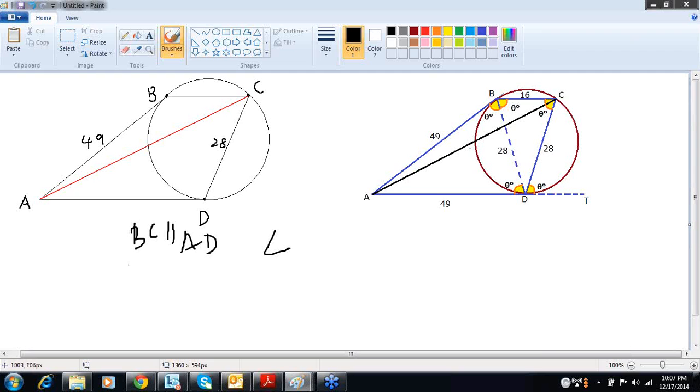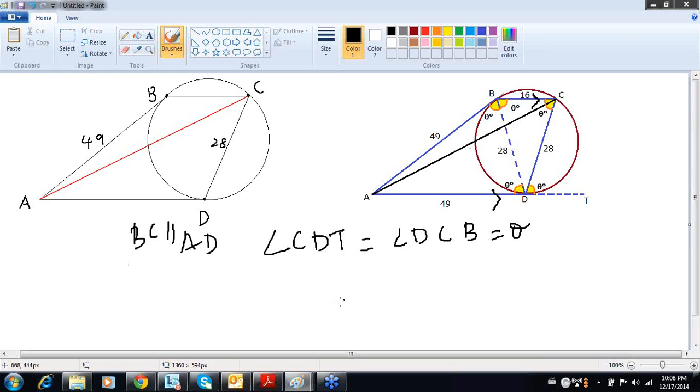If this BC is parallel to AD, then the angle CDT will be equal to angle DCP. Say it is equal to theta.